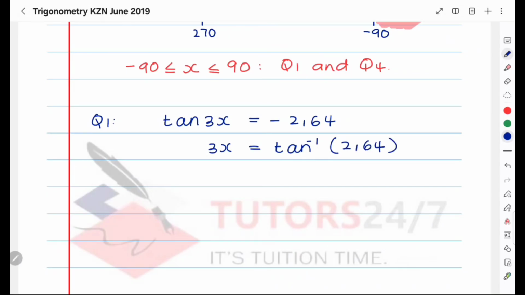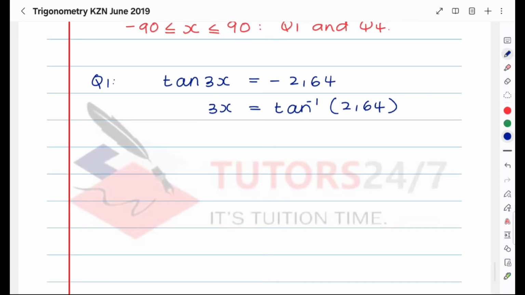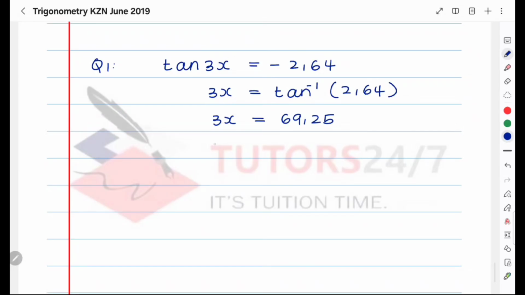Because I want my solution to be positive, because I want it to be in quadrant 1 where tan is positive, I'm going to ignore the negative sign. From here, we put this into our calculator and we end up with 69.25. We divide both sides by 3 and we have x is equal to 36.92. So that is our solution in quadrant 1.